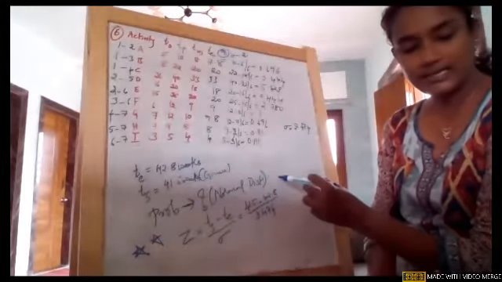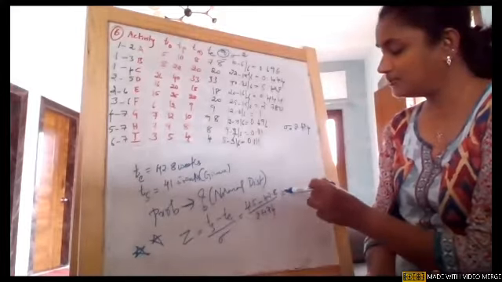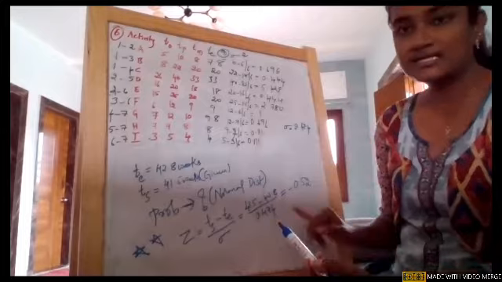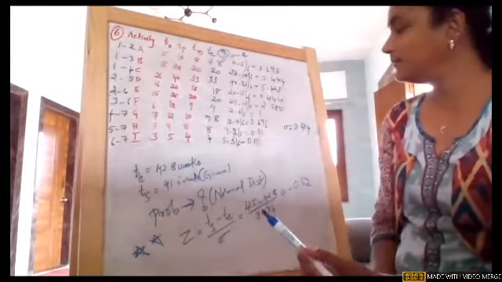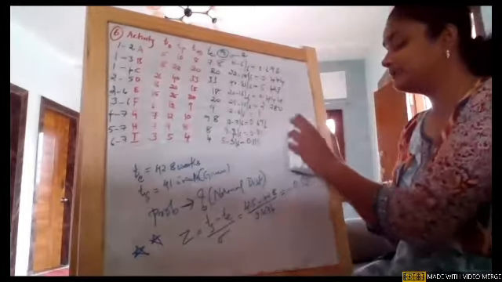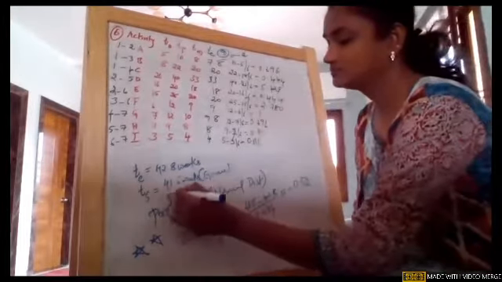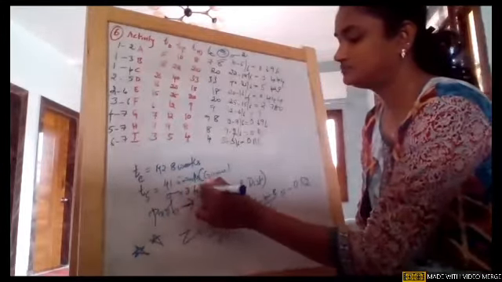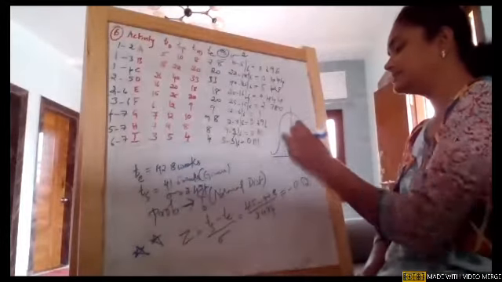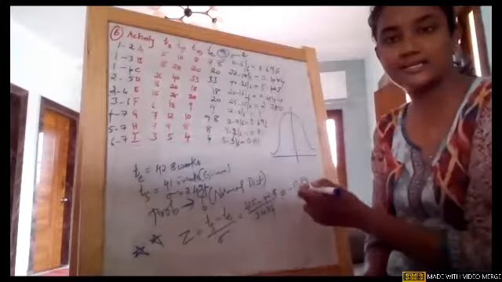After calculating, we got this value as minus 0.52. Obviously a negative value. If you remember, a negative value in the normal distribution represents the negative axis.